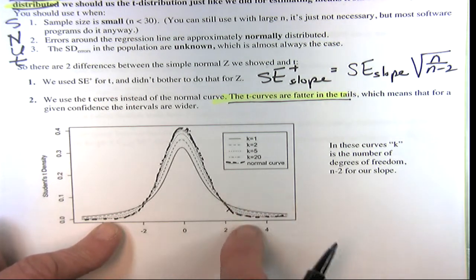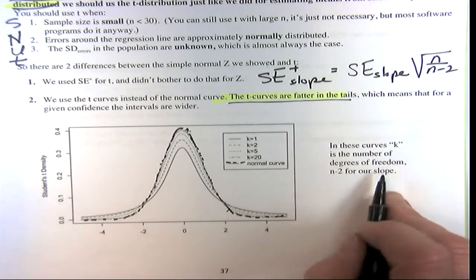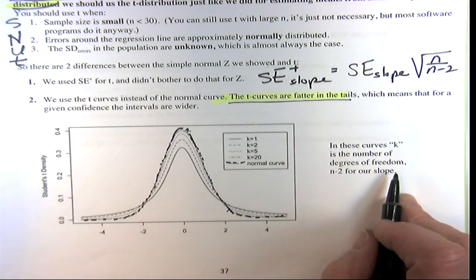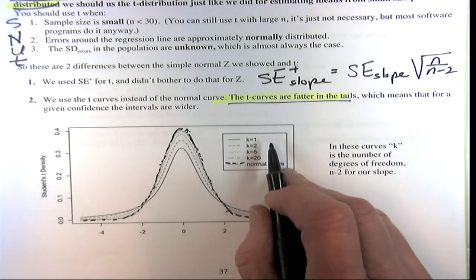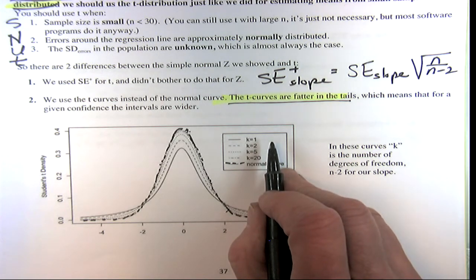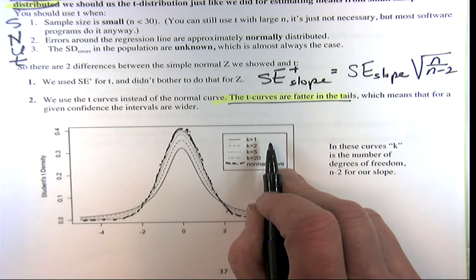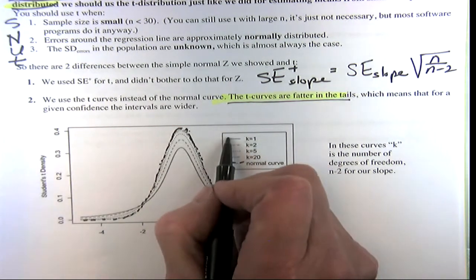Whereas now there's a whole series of curves, and k represents the number of degrees of freedom, n minus 2, for our slope. So when k is 1, that means n must be 3, and 3 minus 2 is 1. So a sample size of 3 would be this one right here.